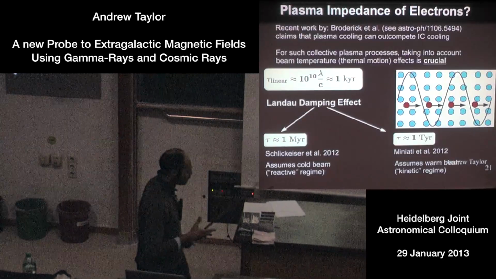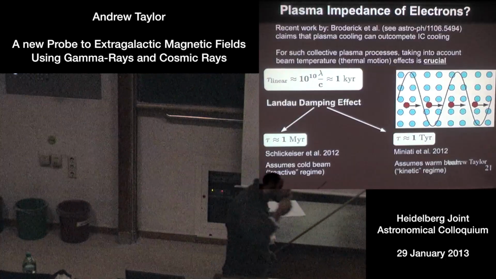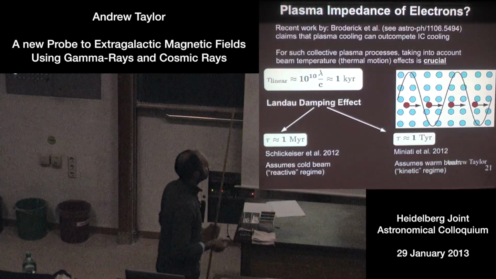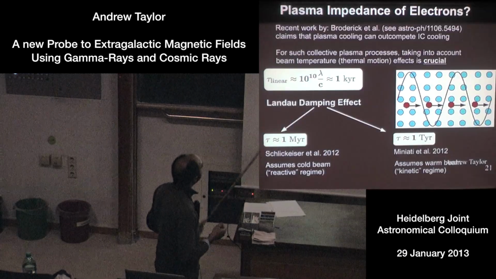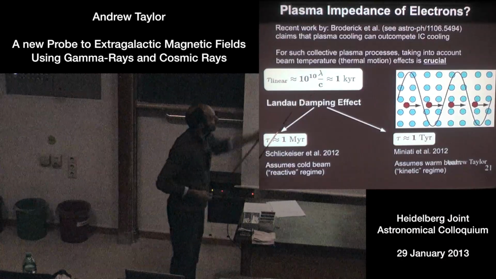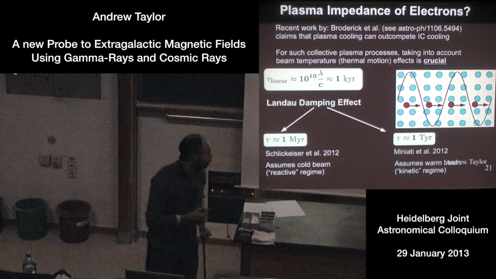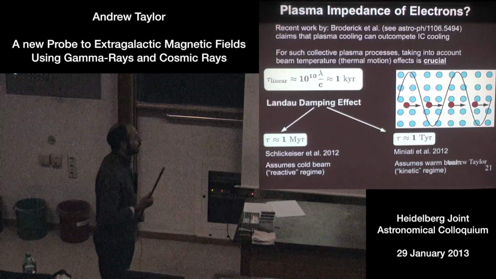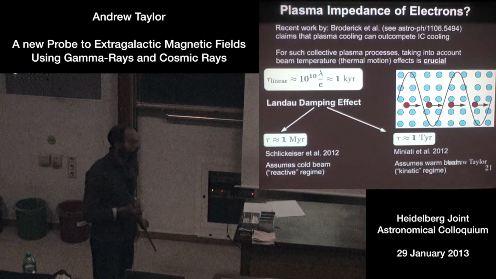In that case, the cascade would be killed just by the effect of the plasma itself. In his paper, he calculated some linear cooling times for this process, and it was much shorter than that for the inverse Compton cooling.